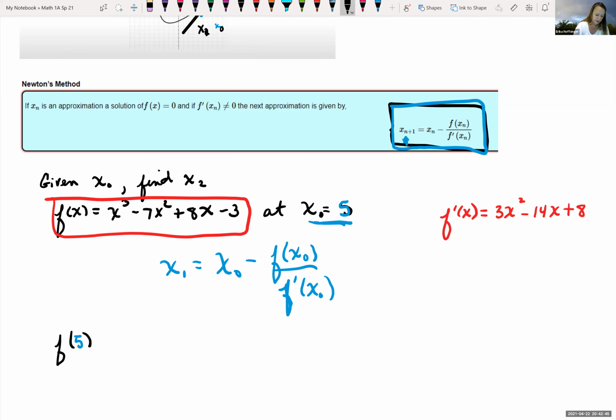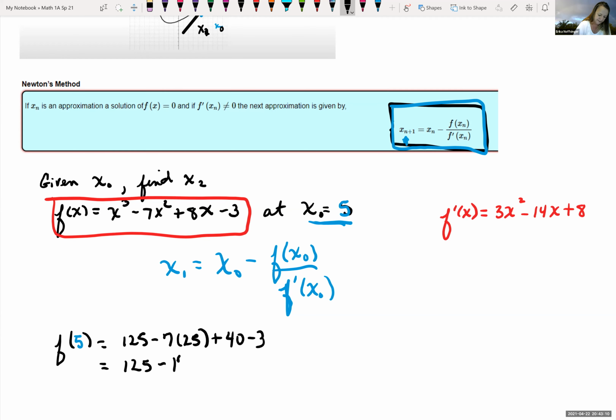If we plug in 5 wherever we see an x, that would give me 5 cubed, or 125, minus 7 times 5 squared, which is 25, plus 8 times 5, so plus 40, minus 3. So this is 125 minus 7 times 25.